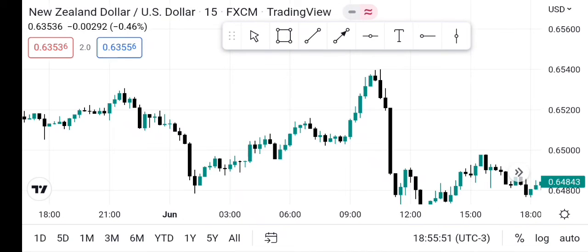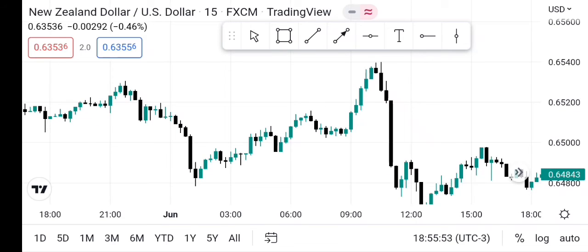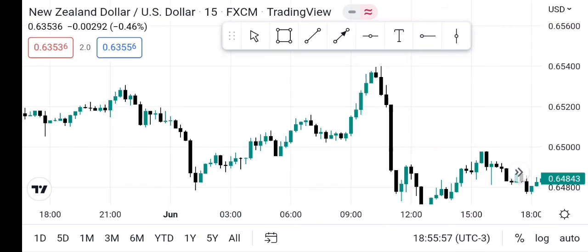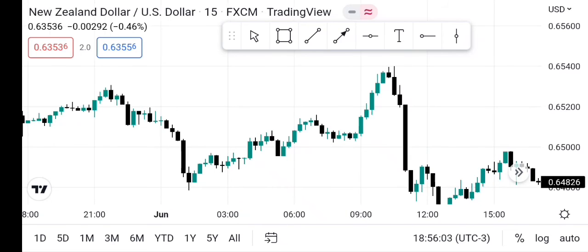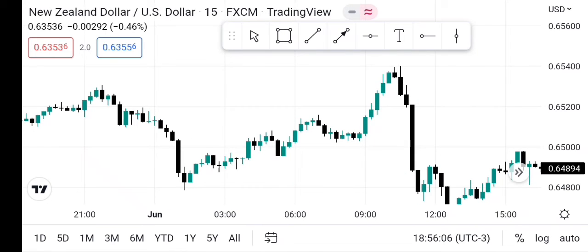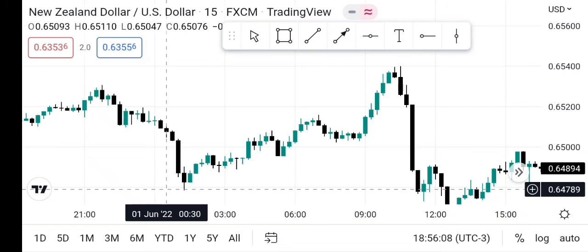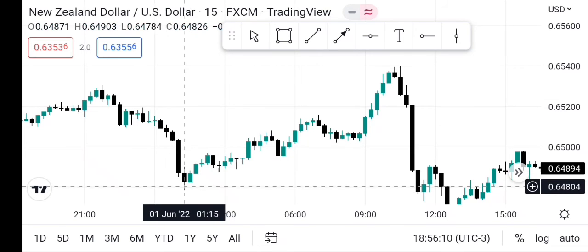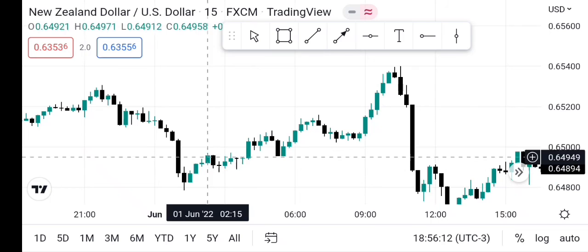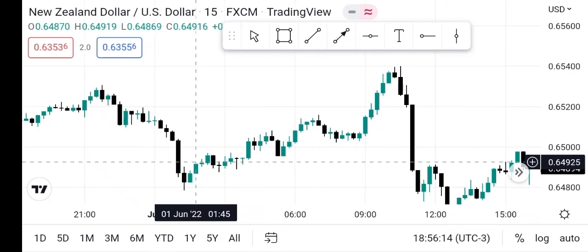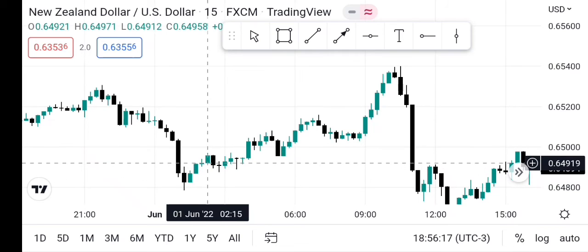Alright folks, here are some more examples on utilizing swing highs and swing lows. This is the New Zealand dollar versus the US dollar. Now folks, take a look at this swing low here. This is a very beautiful swing low, and as you can see, this swing low was broken and it began to progress higher.